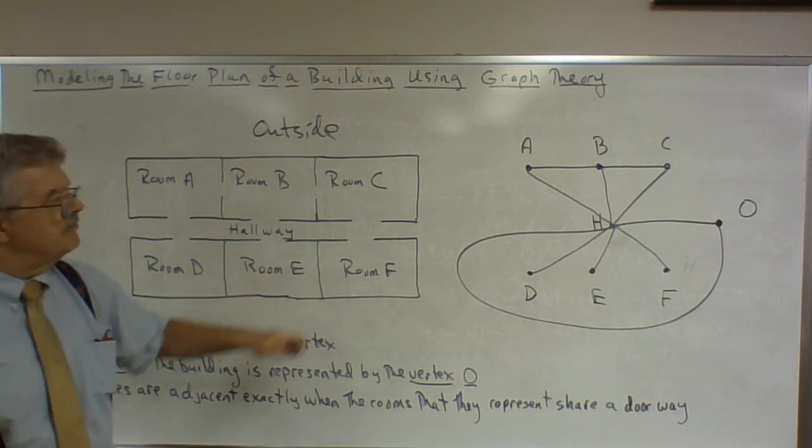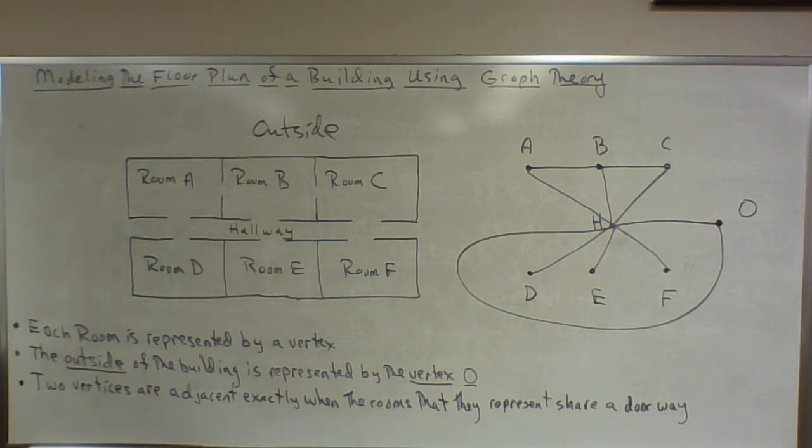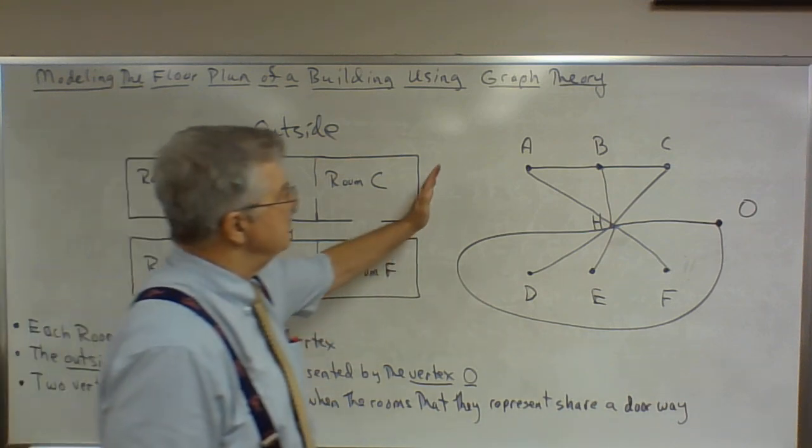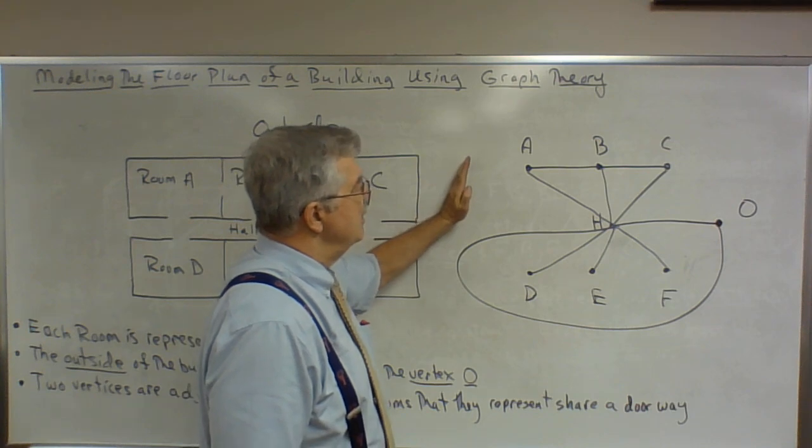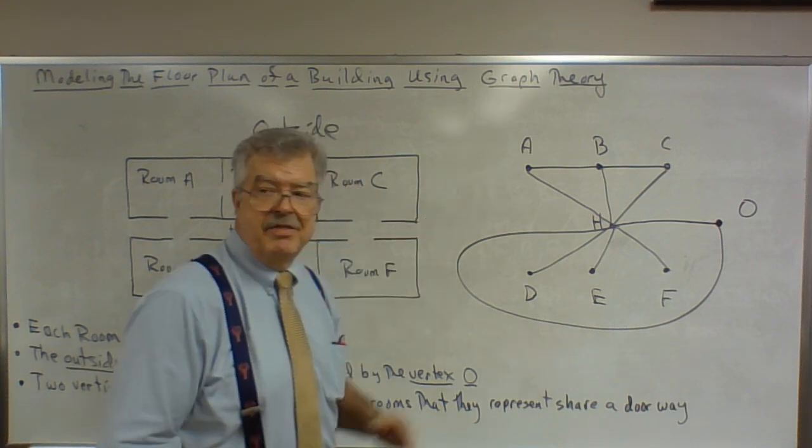Room E and room F don't share a door. So that looks like it then. This is our graph that represents the rooms of the building and the outside.